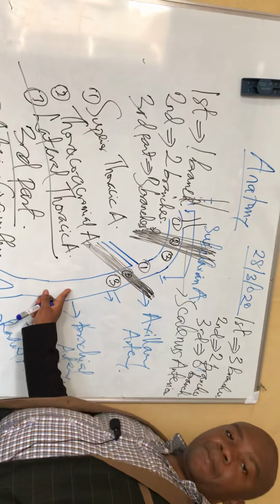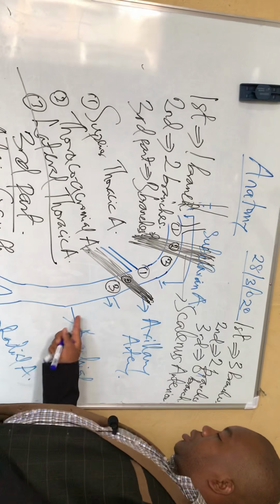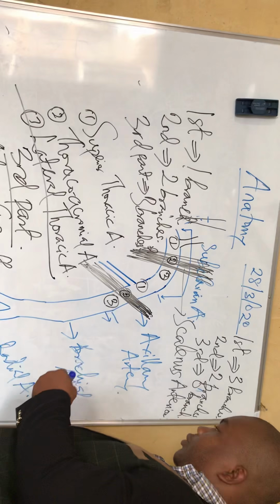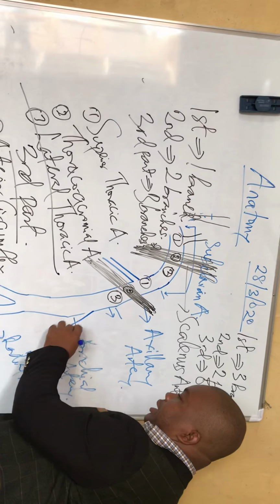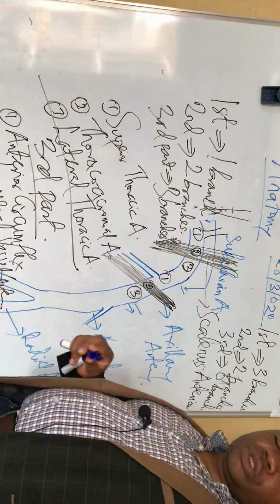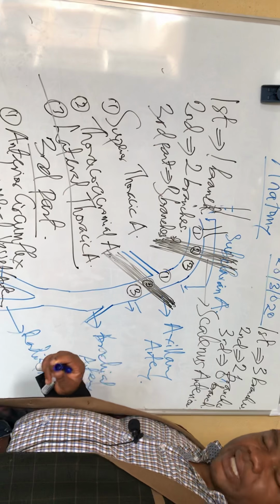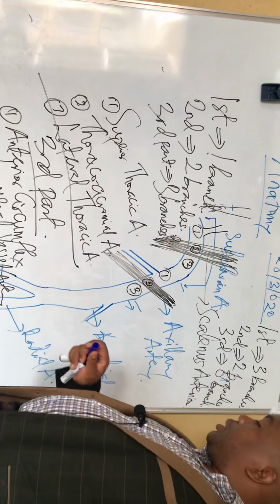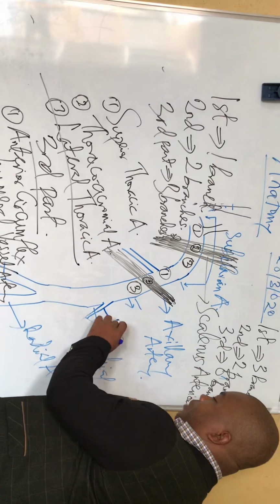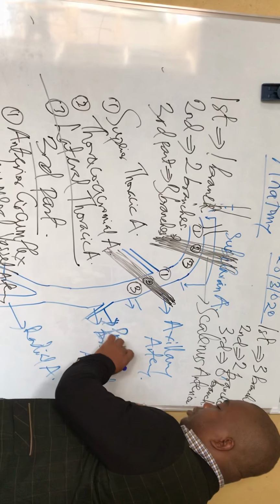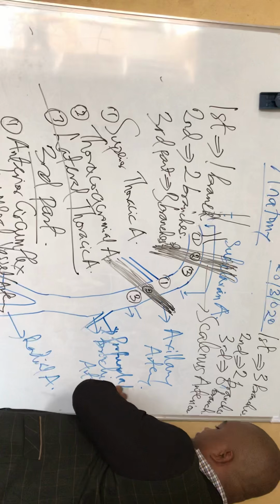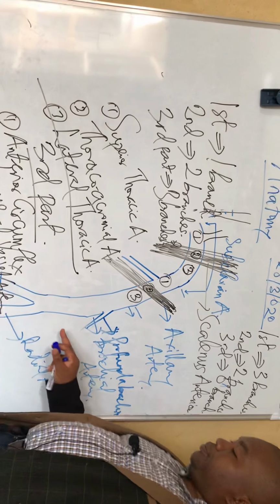As it runs in the arm, there is a branch that will go posteriorly, and that branch is called the profunda brachii, or the deep brachial artery. It is the first branch that will come out from the brachial artery.